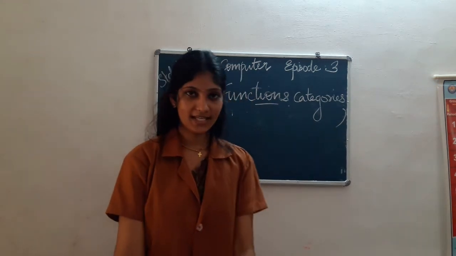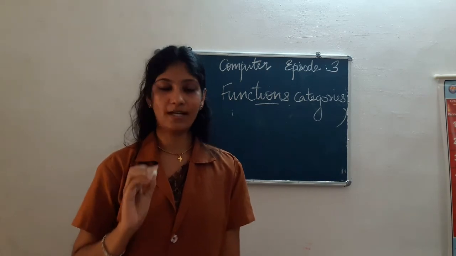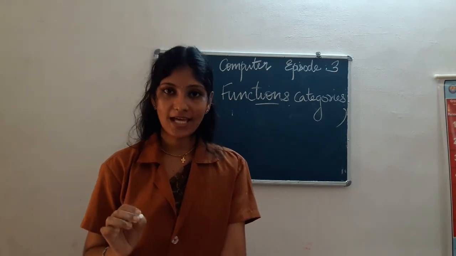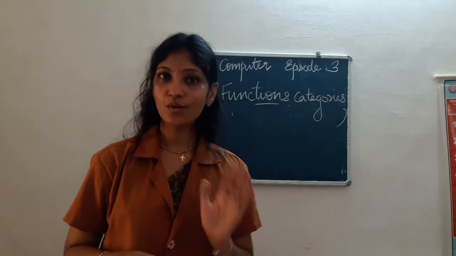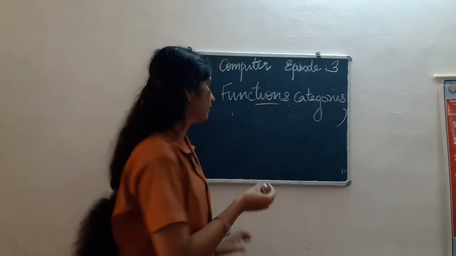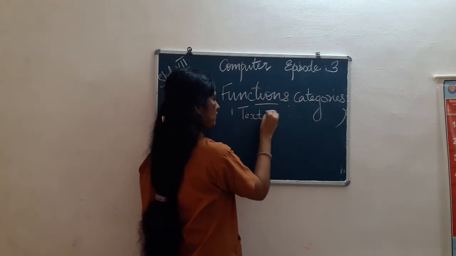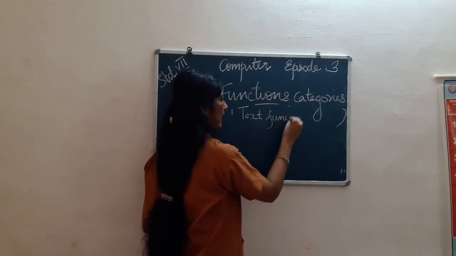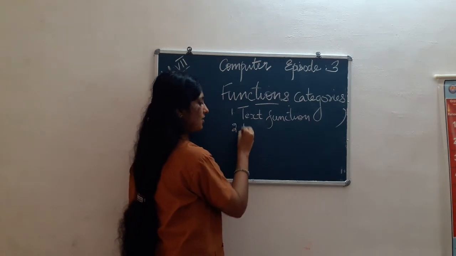So function category means we know functions are special written instructions or formulas, right? Functions can be categorized into 5 types. First one is text function. Second type is mathematical function.